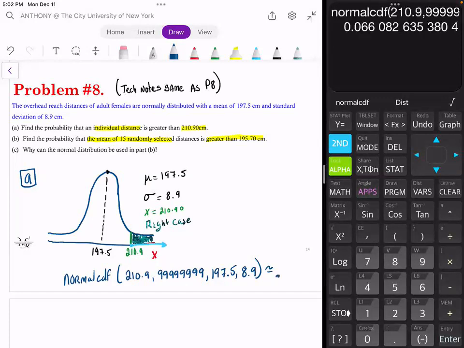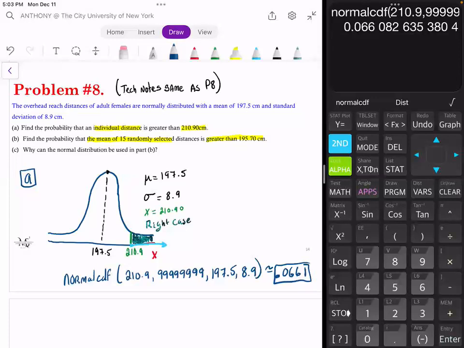So we would get 0.0661 if I round it to 4 decimals. And that would be the solution to part A. Let me know if you get that in your calculator. Yeah, I got that. Sweet.